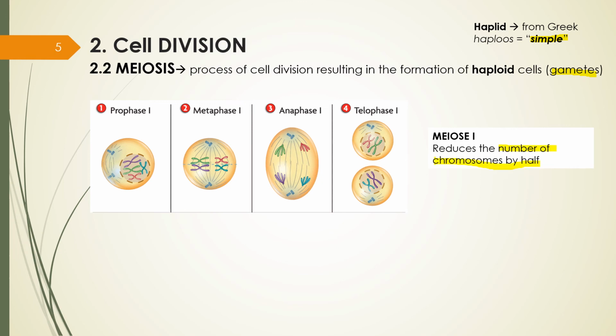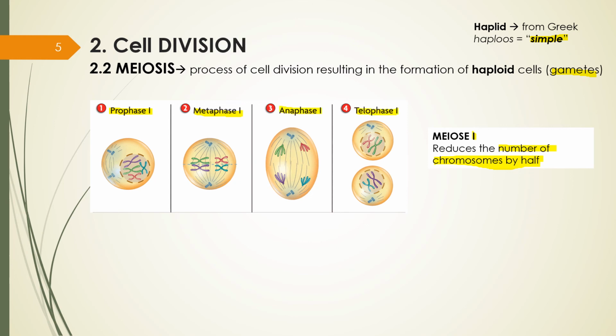And remember the 4 phases of mitosis? What were the 4 phases of mitosis? Prophase, Metaphase, Anaphase, and Telophase. Good. Now for meiosis, I also have the same phases, but 2 times. Okay, the names are the same, but I have them 2 times. So for meiosis 1, I have Prophase 1, Metaphase 1, Anaphase 1, and Telophase 1.